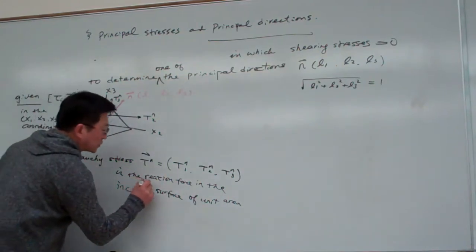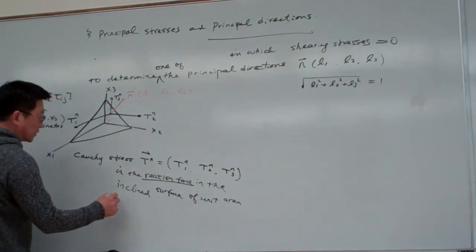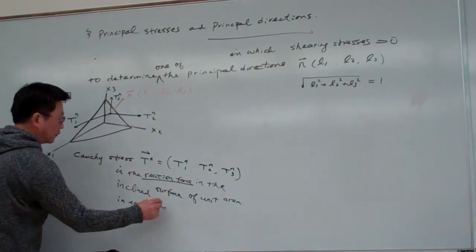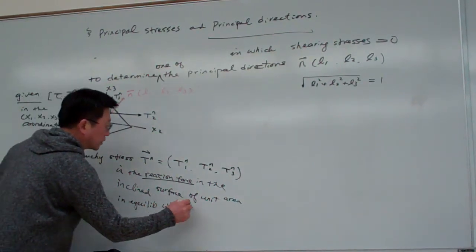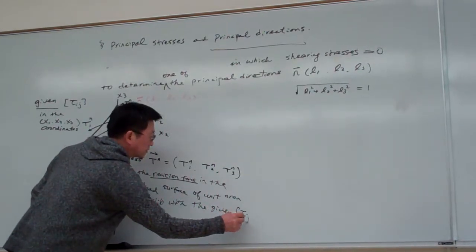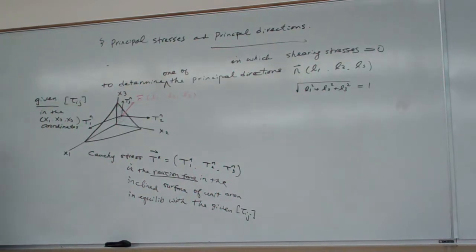Basically here we're indicating a directional force happening in there, and that directional force is in equilibrium with the given stress. Okay, so that is the physical meaning of this quantity.